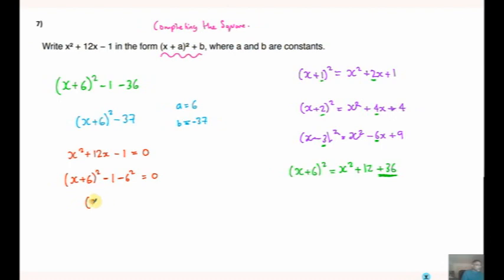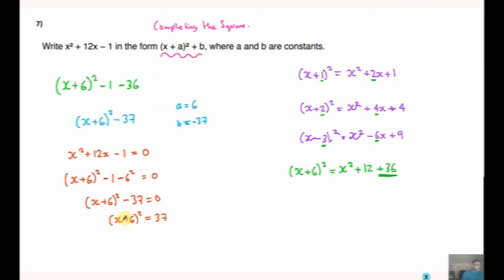So once we've got it in the completed square format like that, so minus 1 minus 36 is minus 37, I can now solve this using the balancing, normal solving equation method. So if I add 37 to both sides, I get x plus 6 squared equals 37.